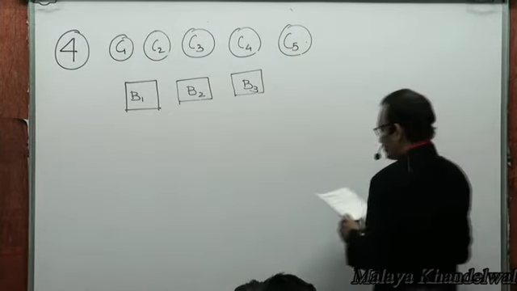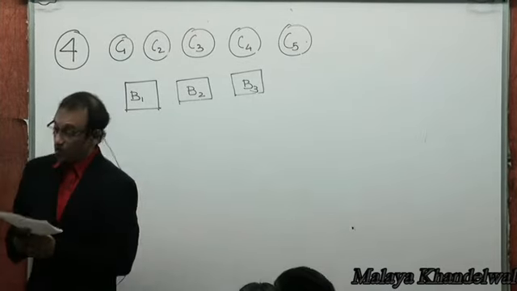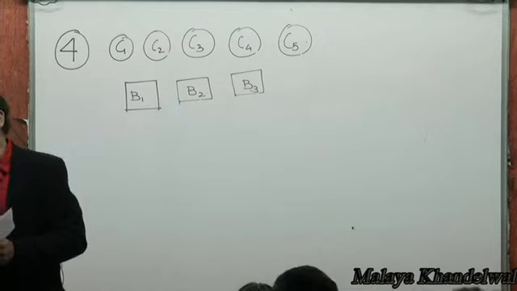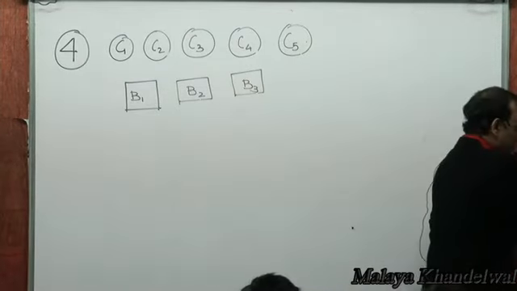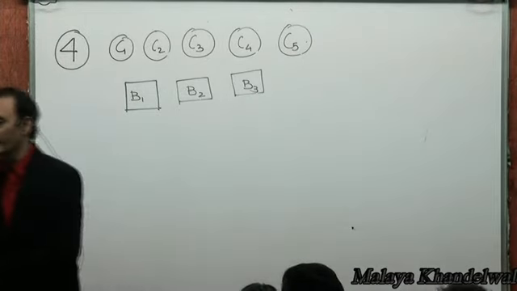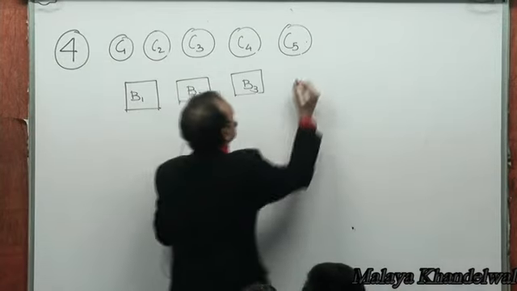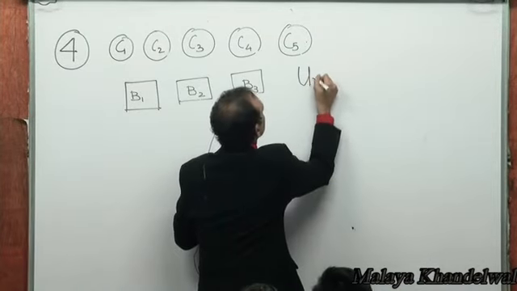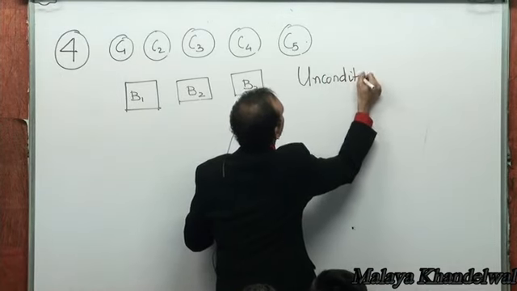I want to find the number of ways in which the balls could be placed in the boxes so that no box remains empty. First of all, if there is no condition imposed, in how many ways can I place the balls in the boxes?